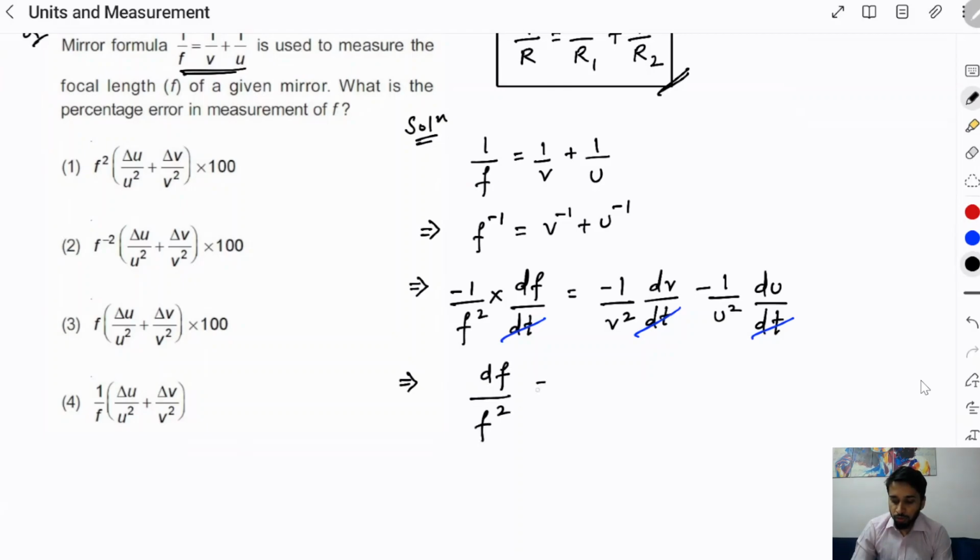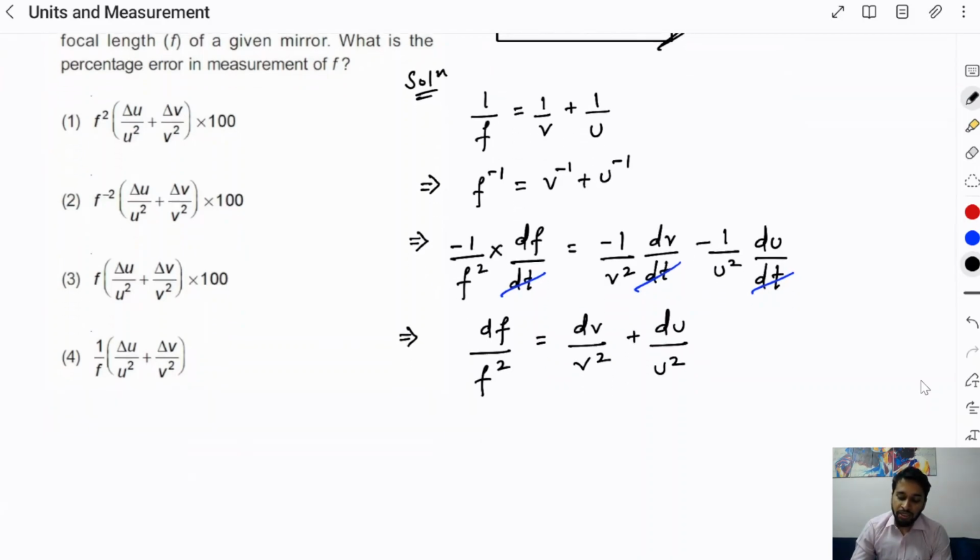will be equal to dV by V square plus dU by U square. Now if you see, dF, dV and dU are basically small changes in F, V and U respectively.